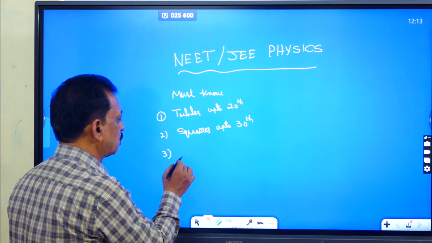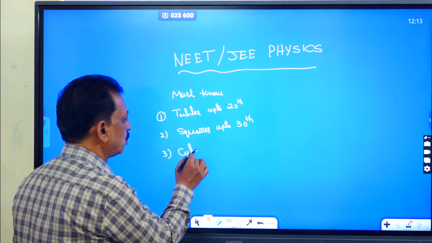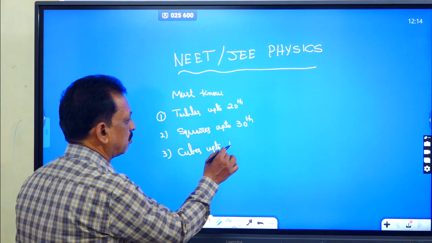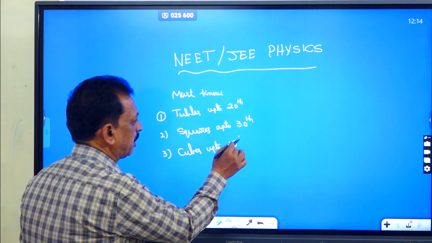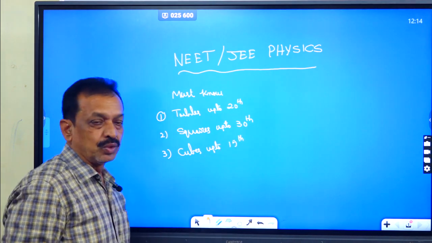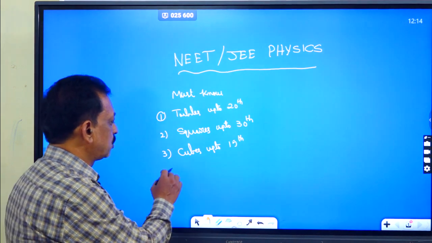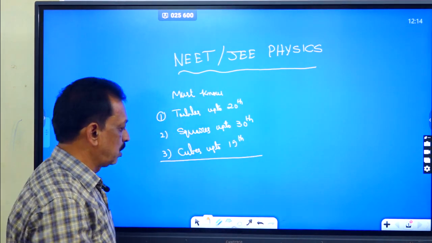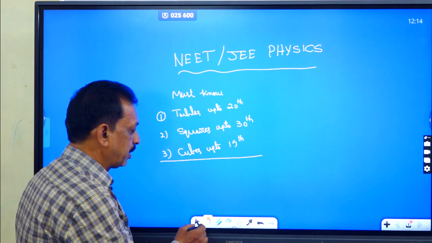And third, cubes up to 10, or better, up to the 15th cube. This is a must-have. Every student must learn it. If you don't know, please learn slowly.